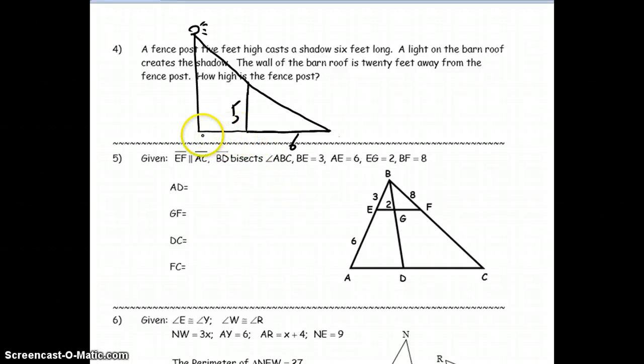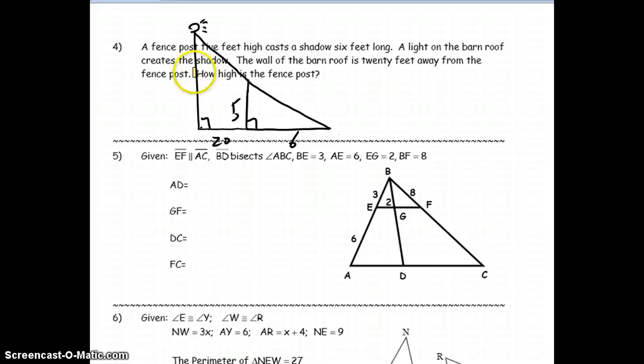From the fence post, well, away from the fence post. Okay. And then anytime you have this, you have similar triangles. I had to check that for a sec. The question's bad. It says, how high is the fence post? The fence post is 5 feet high. That's not the question. The question is, how high is the fire?